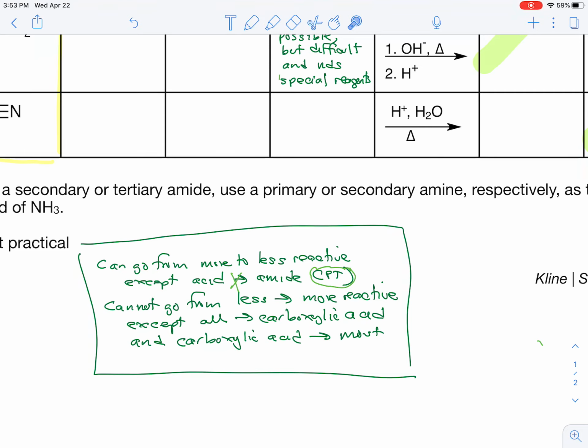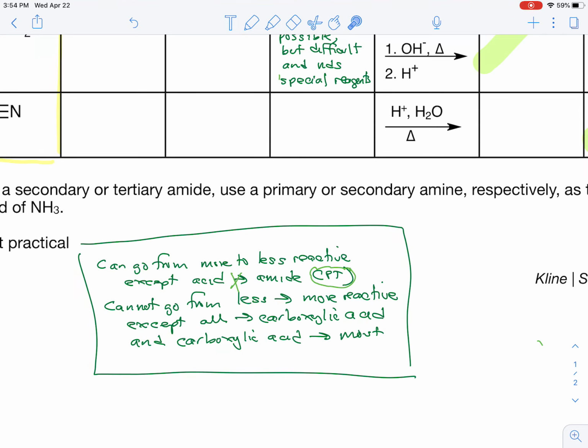And you cannot go from less to more reactive, except you can convert anything into a carboxylic acid, because carboxylic acids are defined based on their ability to go to a carboxylic acid. And you can take a carboxylic acid and make most, but not all, of the derivatives.